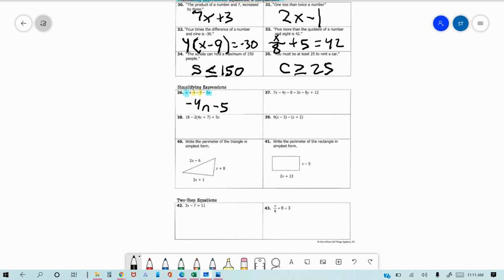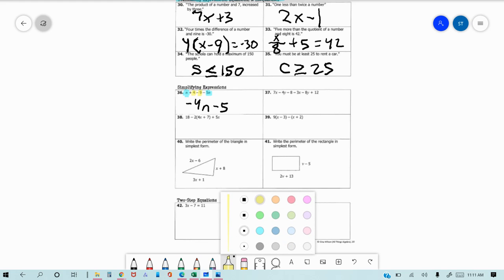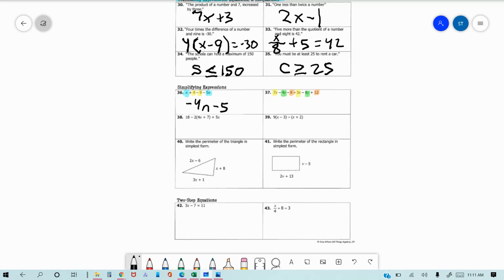Okay. So for 37, you're simplifying these, okay? And you're just getting your x's, your y's, to those, and then your regular numbers, okay?